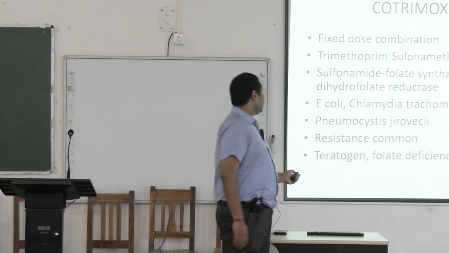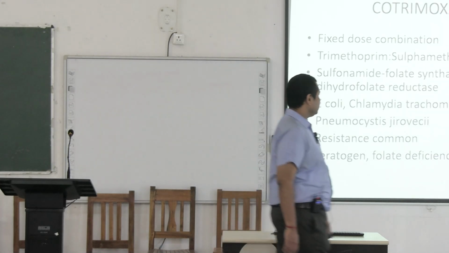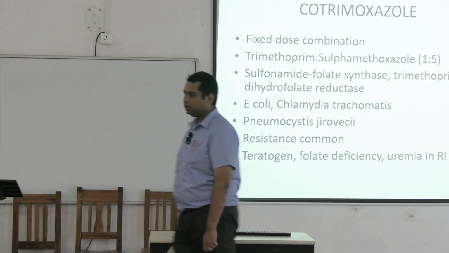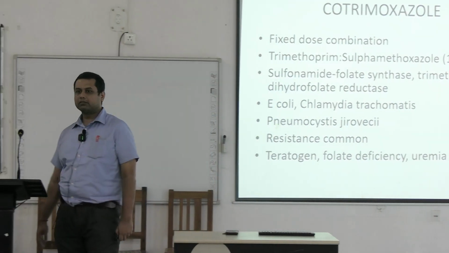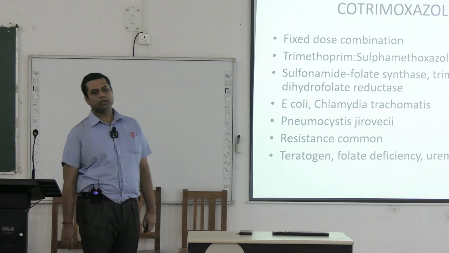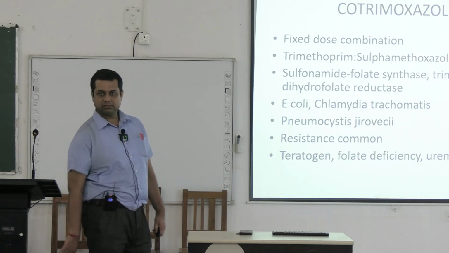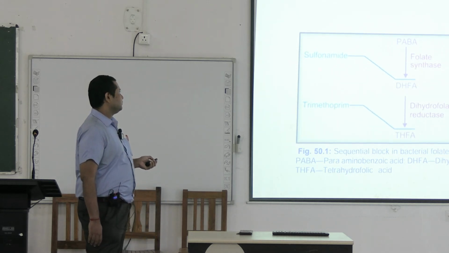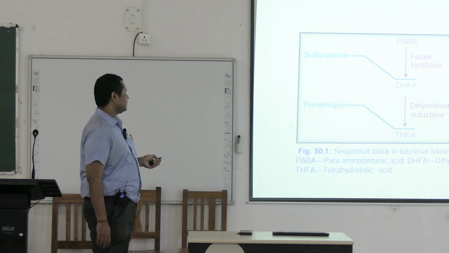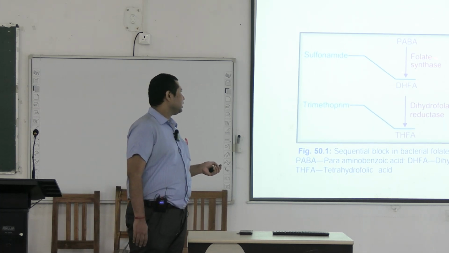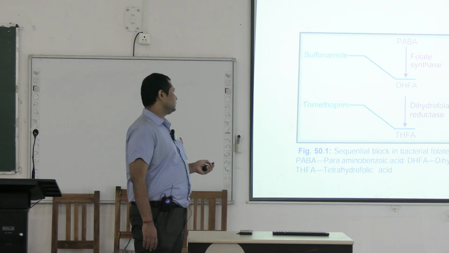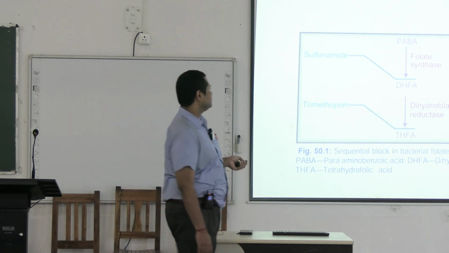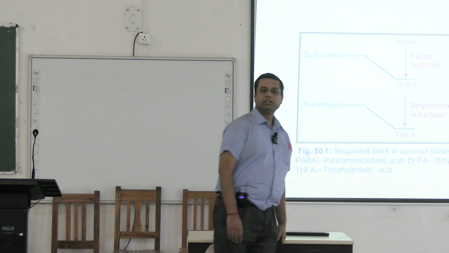Trimethoprim and sulfamethoxazole combined in 1:5. Mechanism of action: these two drugs act on folate pathway. Folate is required for DNA synthesis. Let's see the PABA, sulfonamide, they prevent dihydrofolate synthase, and trimethoprim, they prevent dihydrofolate reductase.